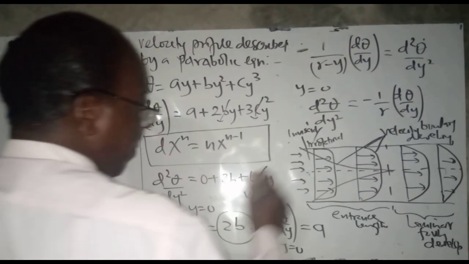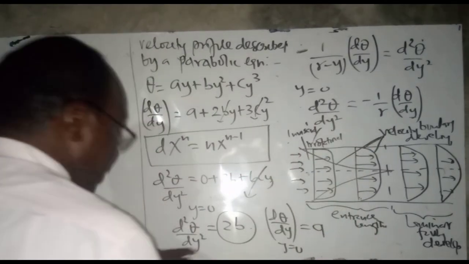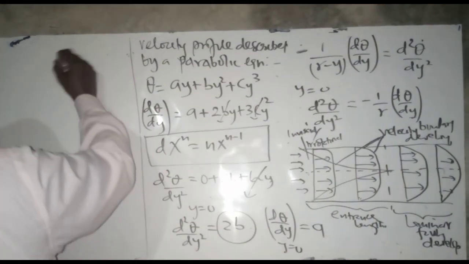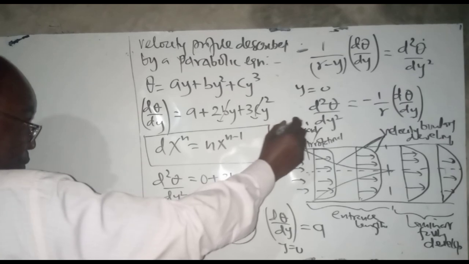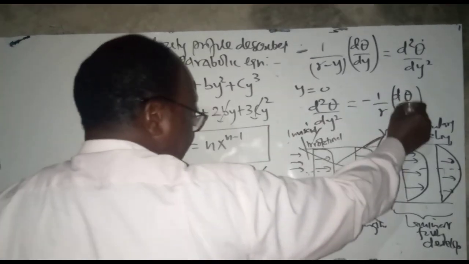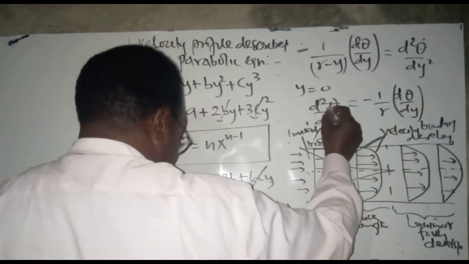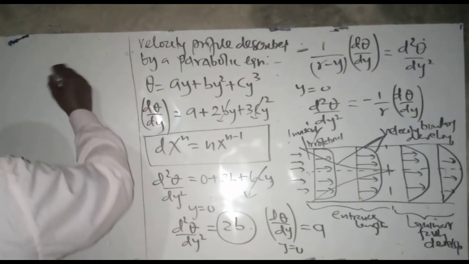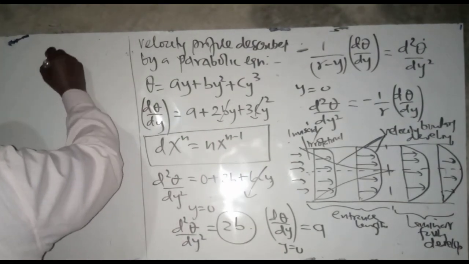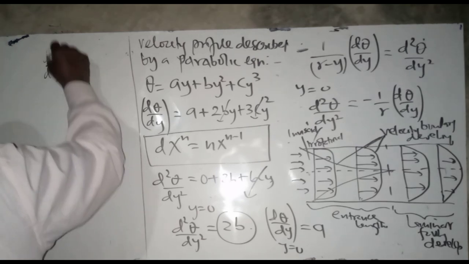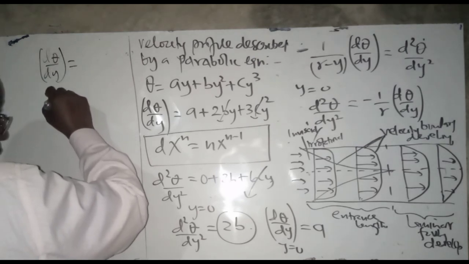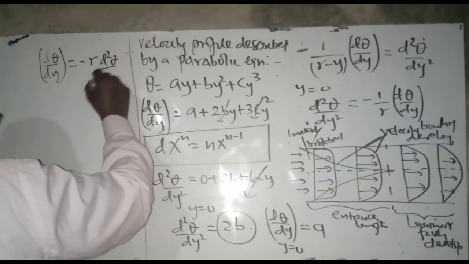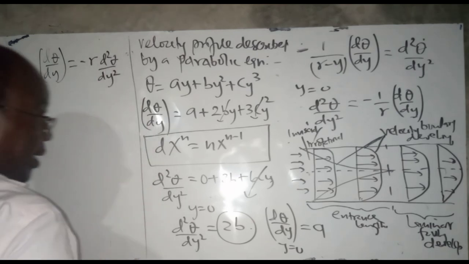Now, from that we can see that d theta dy is equal to minus r d2 theta dy squared.